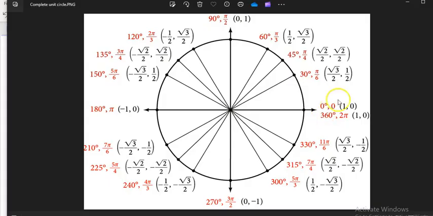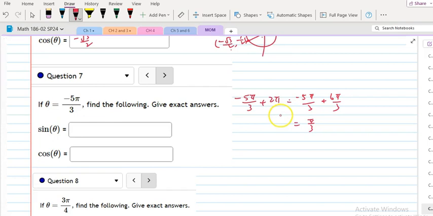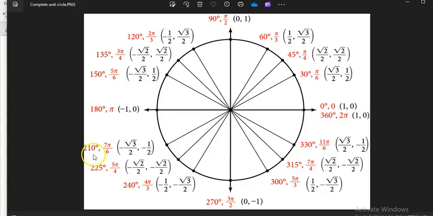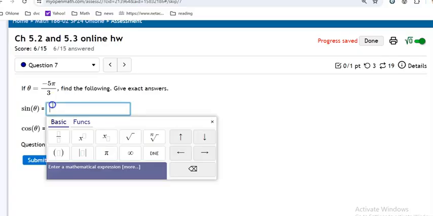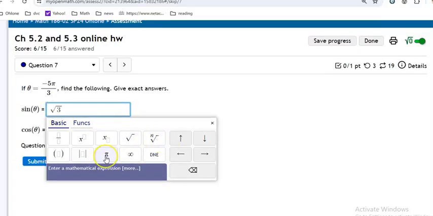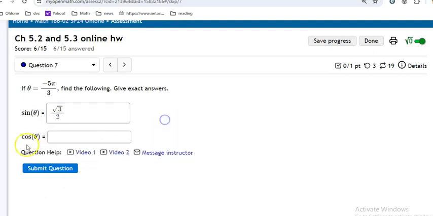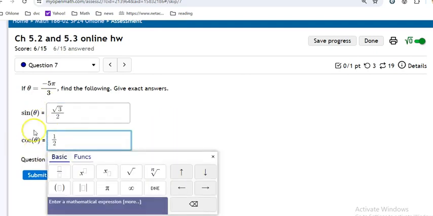And pi over 3 is here, 1/2, root 3 over 2. Sine is y, so it's root 3 over 2, and cosine is 1/2, all positive.